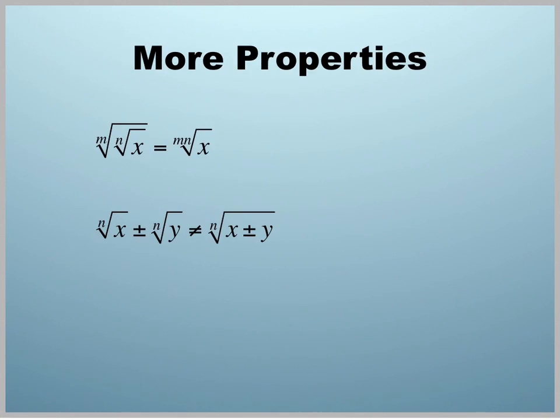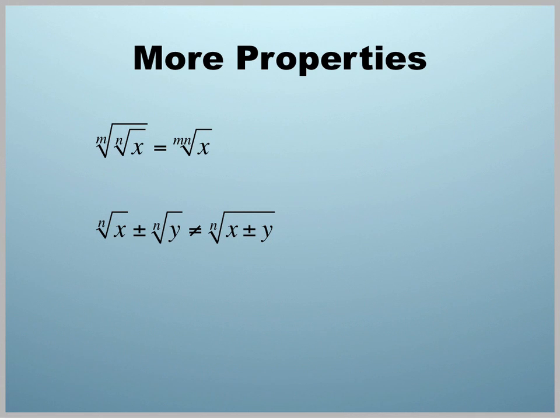We have two more properties to discuss. The first one is when we have a radical inside a radical. Now notice we have two index numbers, m and n. To simply combine this, just like we would with exponents, you're going to take these two numbers right here and just simply multiply them together. So you'll get m times n and then radical x.